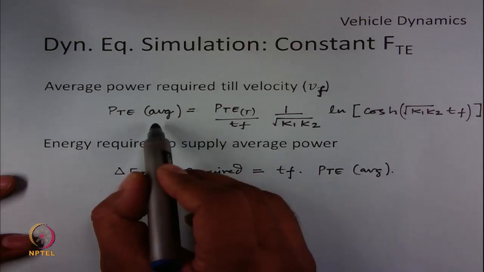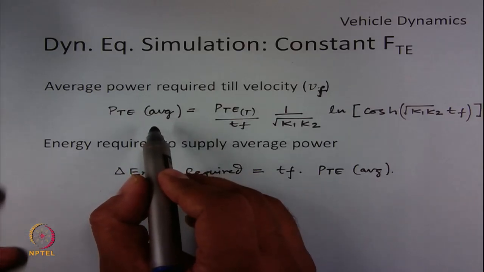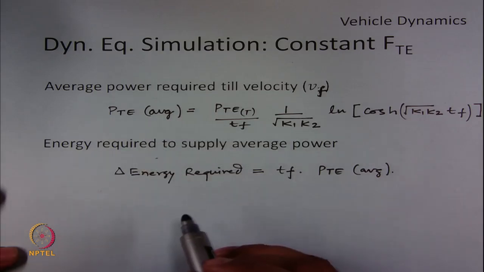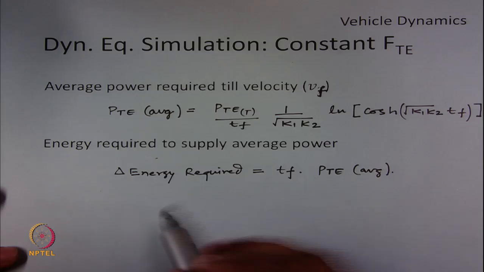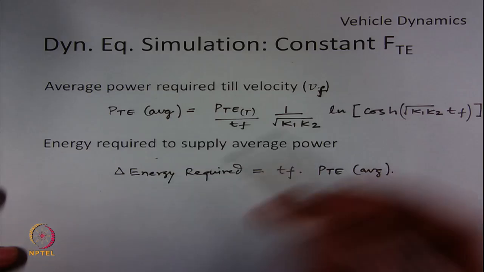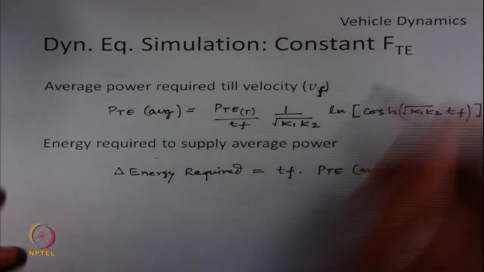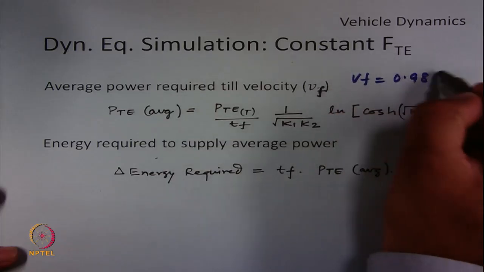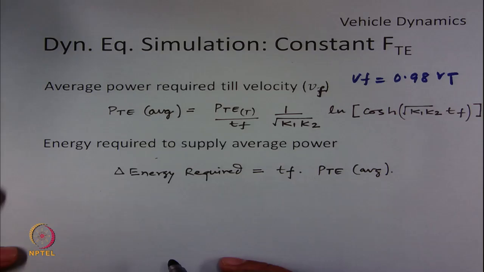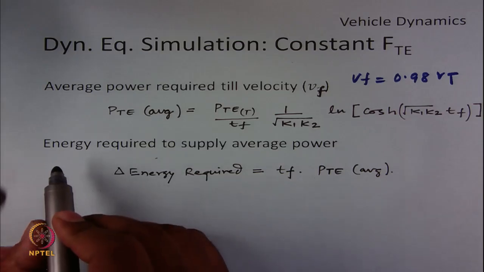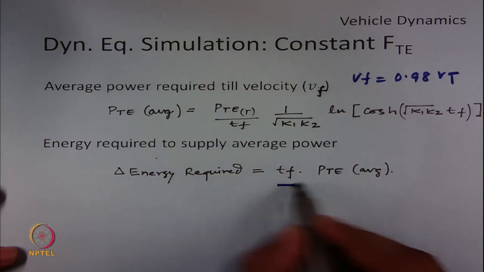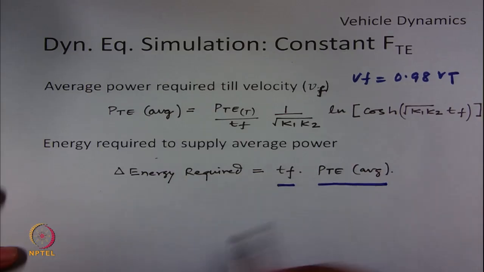So the calculation of P average is very handy, because it will help us to know the energy which is required to drive the vehicle up to terminal velocity, or the velocity which is equal to Vf. So Vf is 0.98 Vt we have assumed. The energy required can be calculated just as a product of the time elapsed and the average tractive effort power.